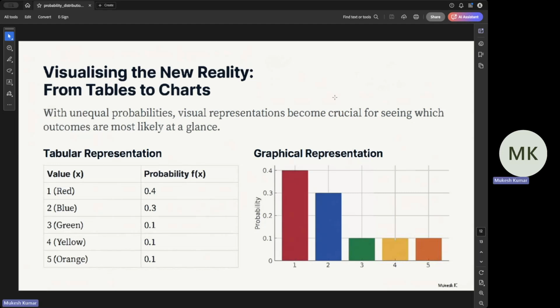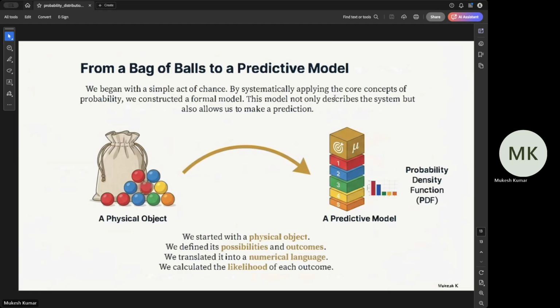So that is the probability density function. In this video, we have used mathematical concepts in probability to represent the bag by a predictive model given our random experiment and the event definition.